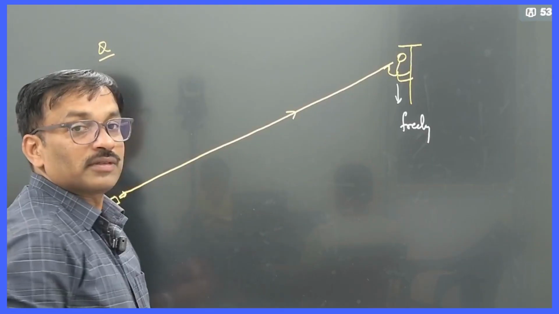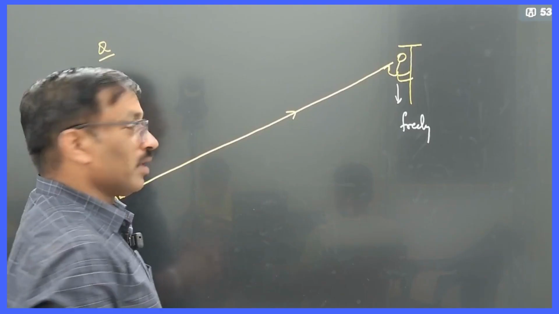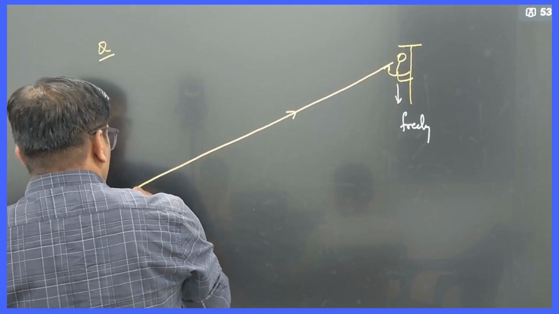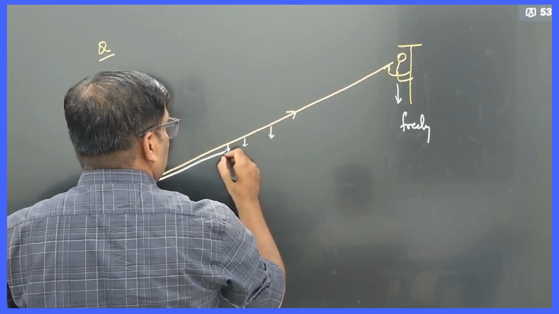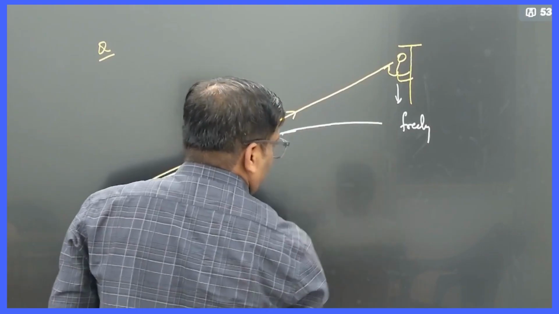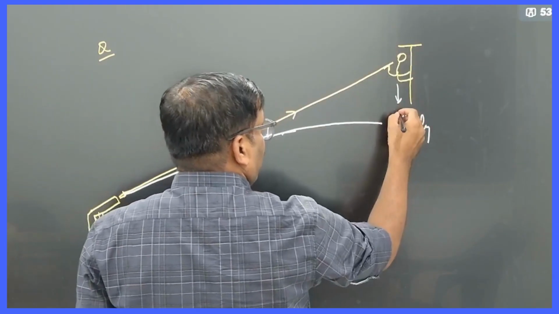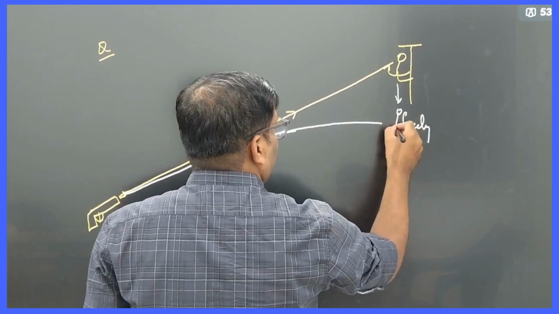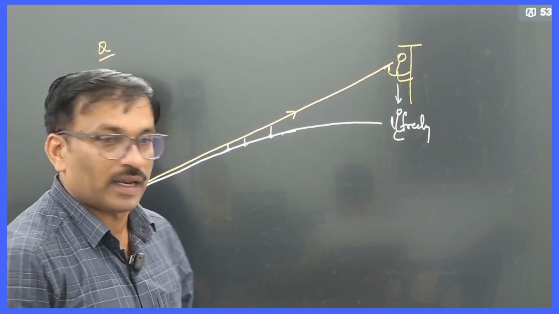Again surprisingly, this is also going to hit the monkey. Why? Because while going like this, the bullet is coming downward slowly because of gravity. Meanwhile the monkey is also freely falling. Therefore the monkey will come here and the bullet will be able to hit the monkey.